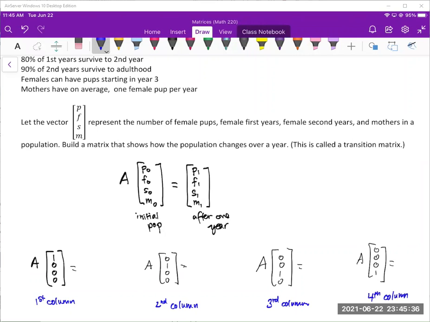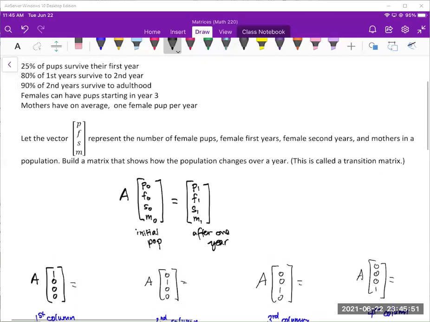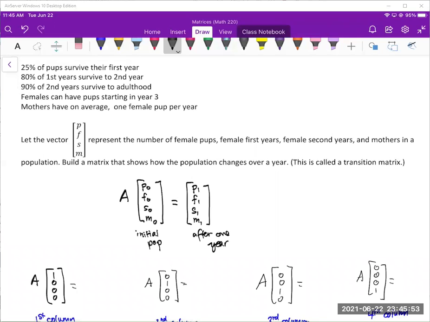Okay, so for our first column, this is saying that we start off with an initial population where we have only pups and nothing else. So when we come back 1 year later, we expect that only 25% of the pups have survived. And it's 1 year later, so they're now first years.